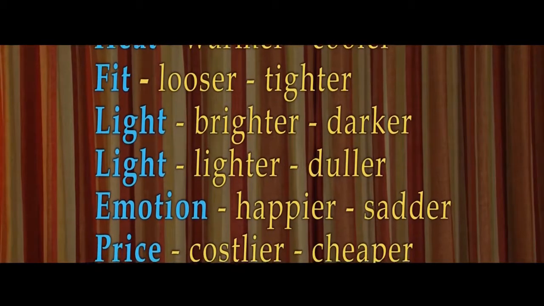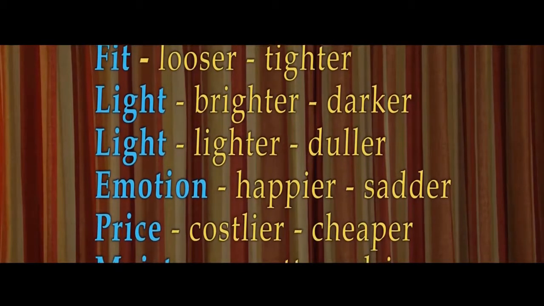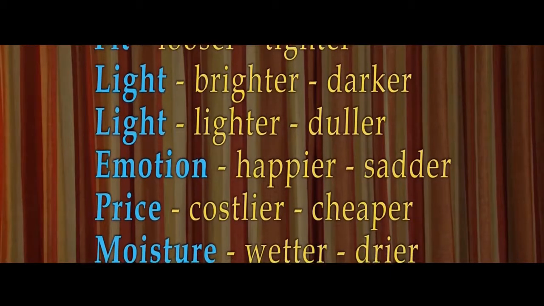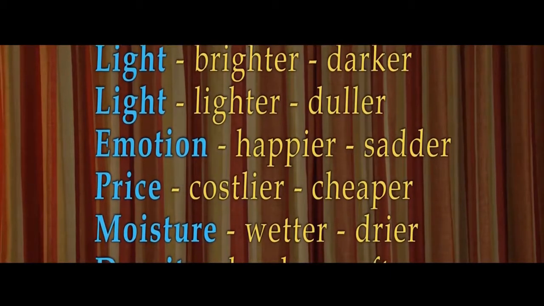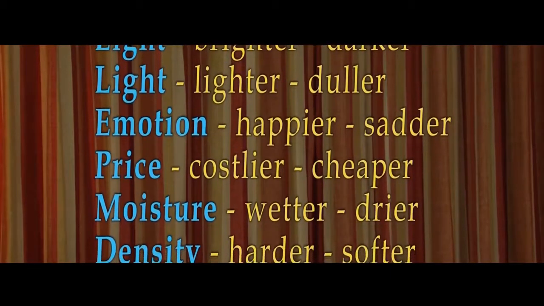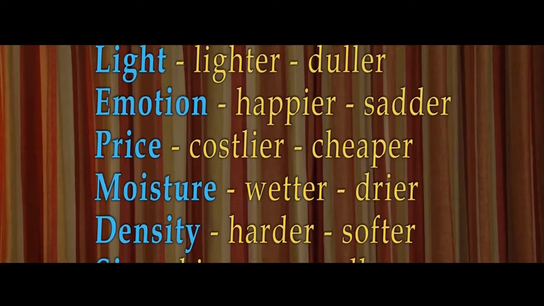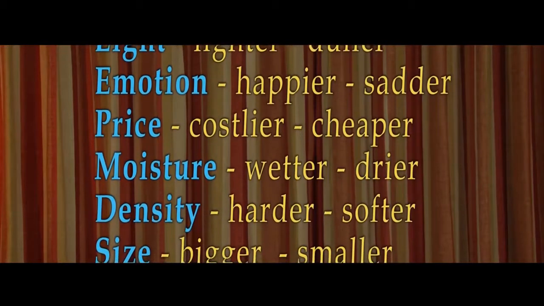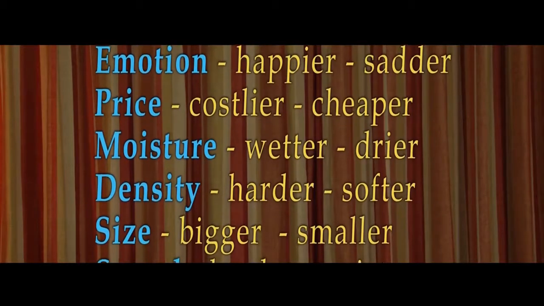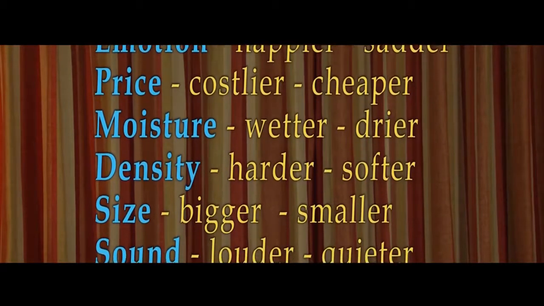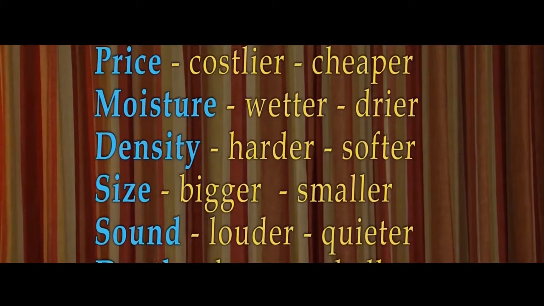Emotion: happier, sadder. Price: costlier, cheaper. Moisture: wetter, drier. Density: harder, softer.